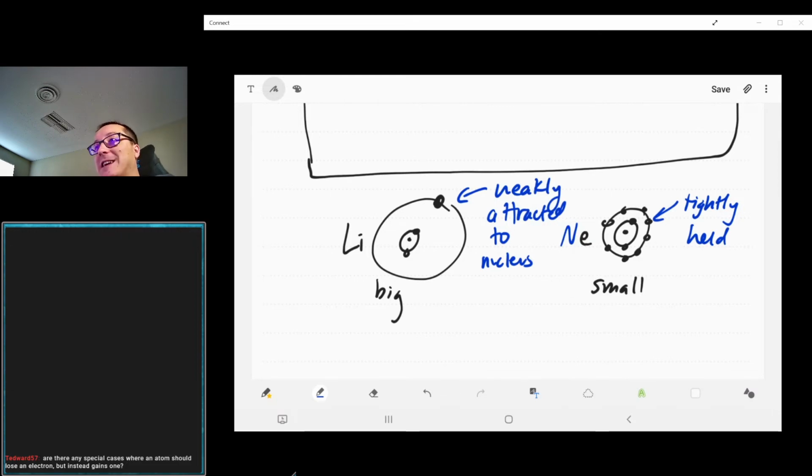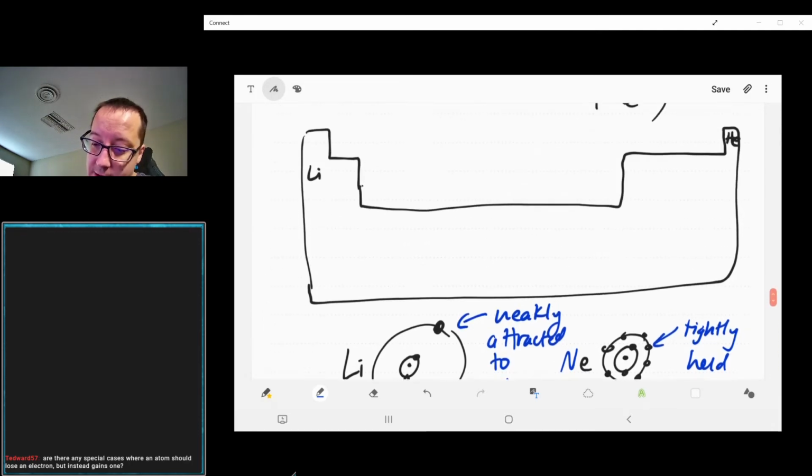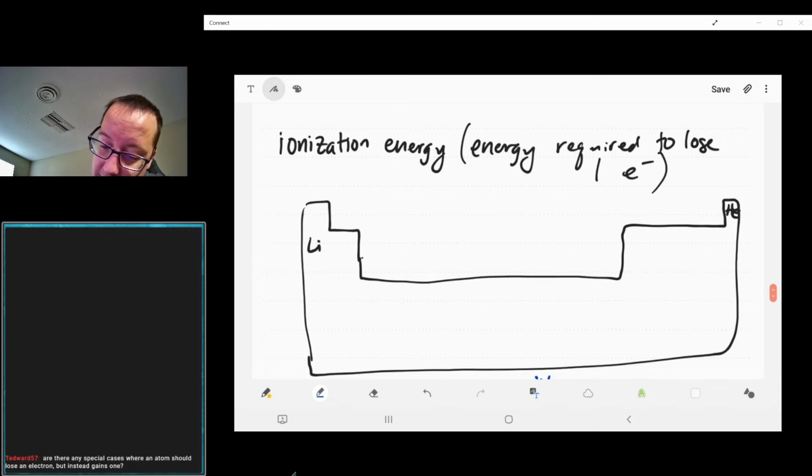However, if you try and take an electron from neon, you're going to make it neon plus, which is not something that we see. Not likely to happen because those electrons are already tightly held and it's going to be already stable, so it has no desire to lose an electron. So we're going to see this trend is going to be kind of the opposite one here.